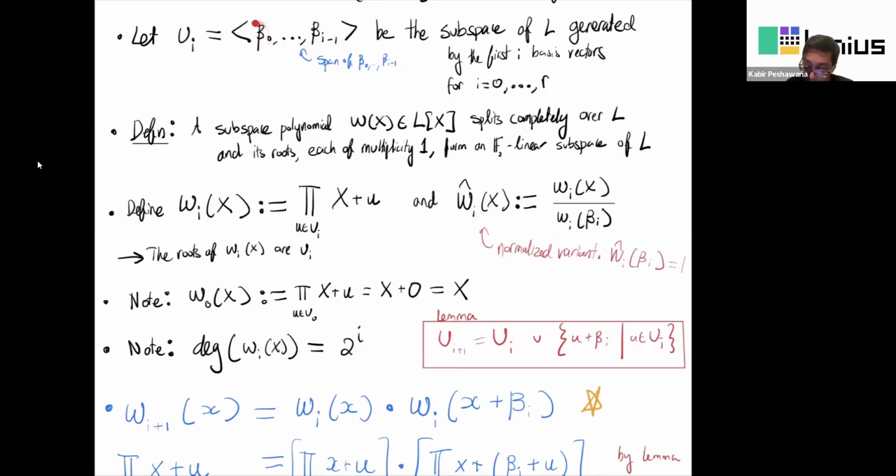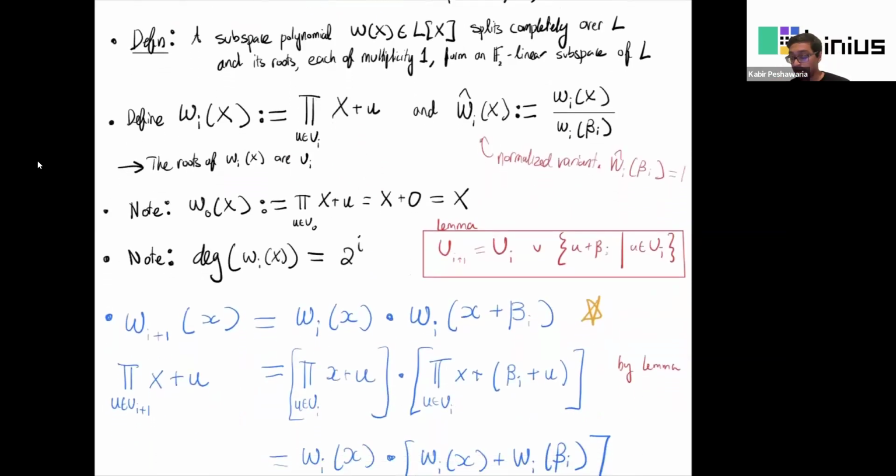Well, I have 2 choices for my coefficient for beta 0, etc. I have 2 choices for the coefficient for this last basis element. I have 2 times 2 times 2, 2 choices every time. 2 to the i is the size of Ui, and since every single u in Ui is contributing 1 to the degree of my subspace polynomial, the ith one has degree 2 to the i.